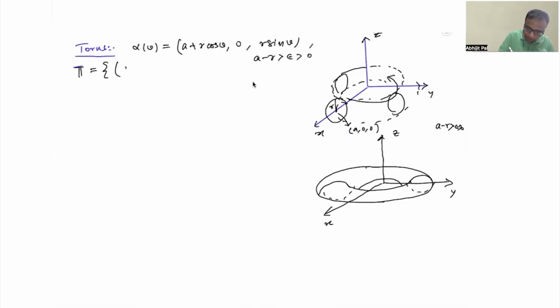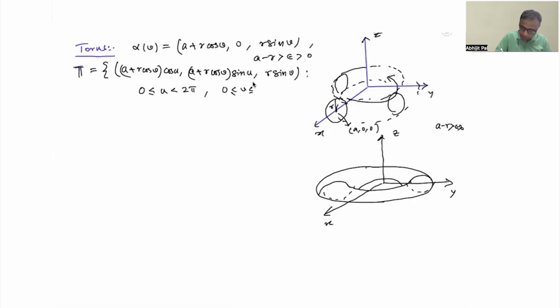So this torus will be ((a plus r cos b) cos u, (a plus r cos b) sin u, r sin b). Here u is varying from 0 to 2 pi, and b is again varying from 0 to 2 pi.